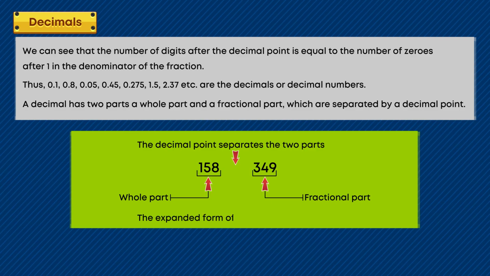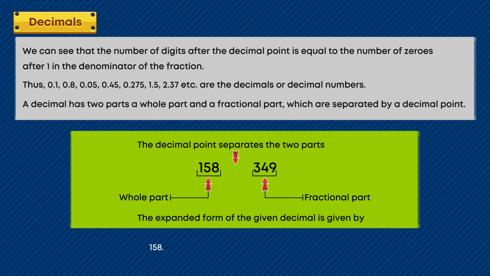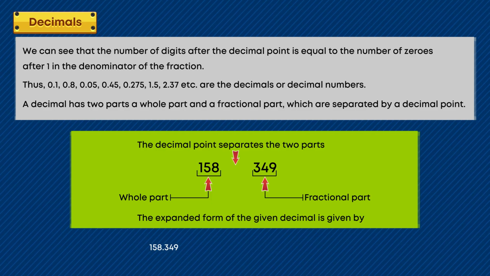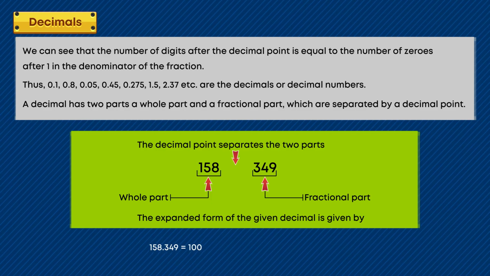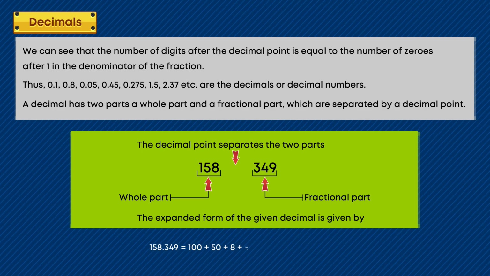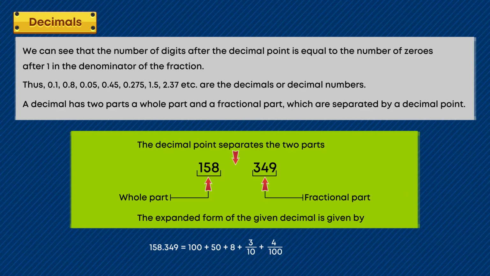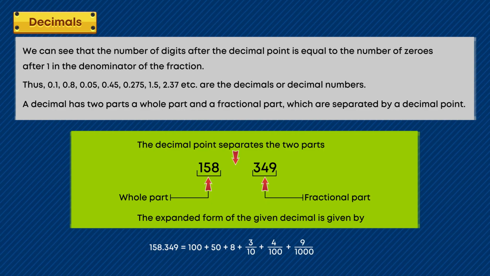The expanded form of the given decimal is 158.349 = 100 + 50 + 8 + 3/10 + 4/100 + 9/1000.